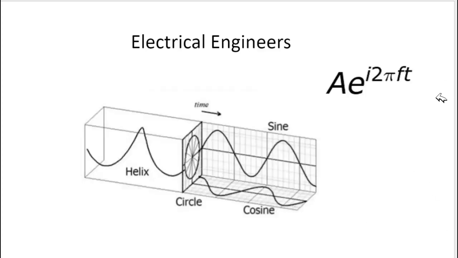So according to Robert Distinti, this is the wave equation. It is a formula that is used by electrical engineers to describe a helix wave. When you take a vertical projection of a helix wave, you get a sine wave, and when you take a horizontal projection, you get a cosine wave.